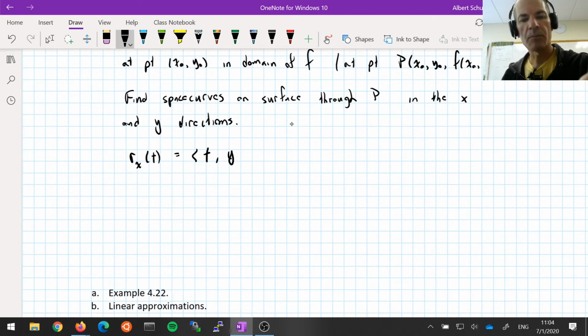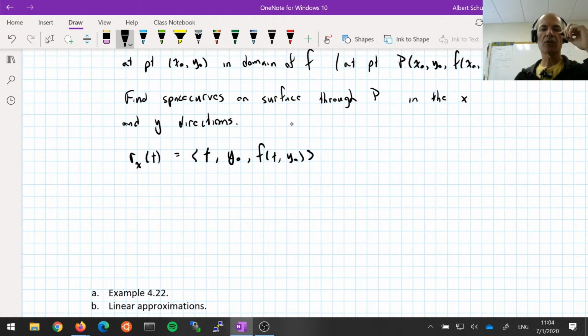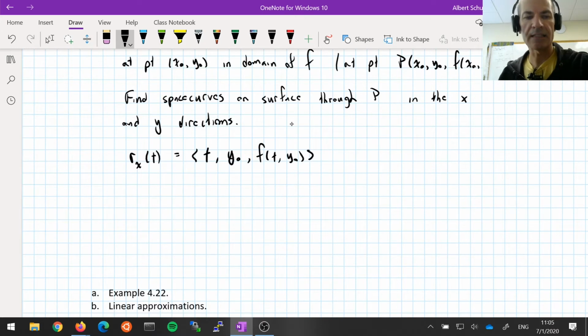We want to make sure that we pass through x naught, y naught, so we put y naught in for the y coordinate, and then the z coordinate is going to be f of t, y naught. So this curve sits on the surface and it moves back and forth with a fixed y value, so it's parallel to the x-axis.